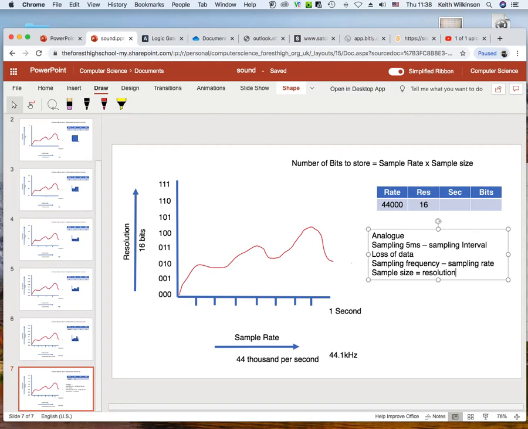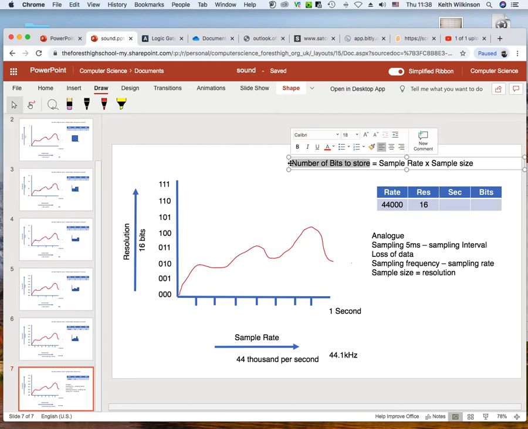You might just learn it as sample rate and then be asked about the sample size instead of resolution, and it might confuse you. So these two things are equal, sample size and resolution, and it's normally in bits. But if I do that, then it's not the number of bits to store, really.